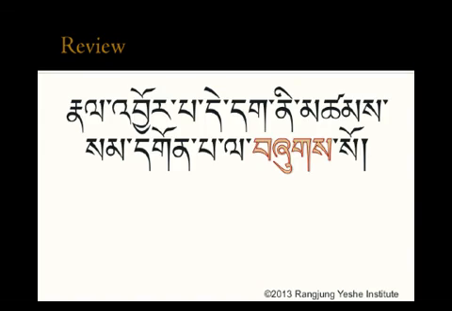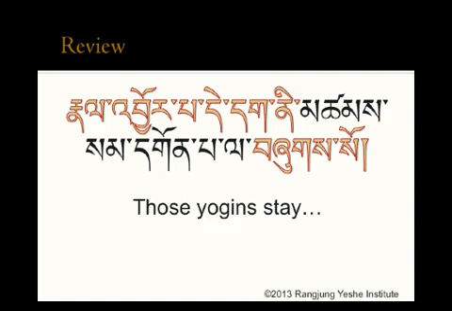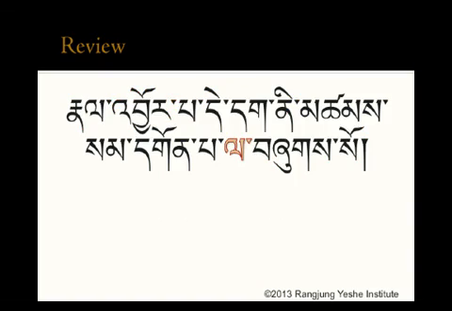If we scan this sentence, we see a ni particle, which clearly marks the subject for us. Nel giorba dedak, those yogins. So far we know those yogins stay. Now immediately to the left of shuk, we have a Ladun particle. So we can be pretty sure that this is indicating where the staying happens.